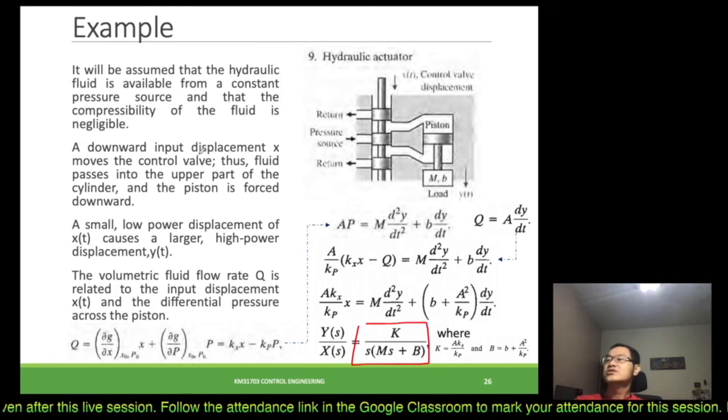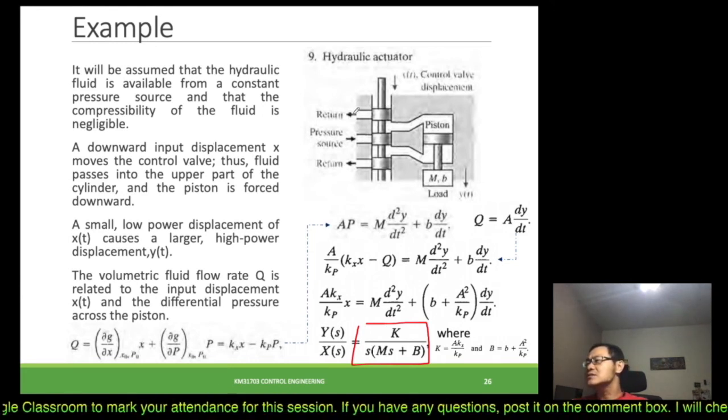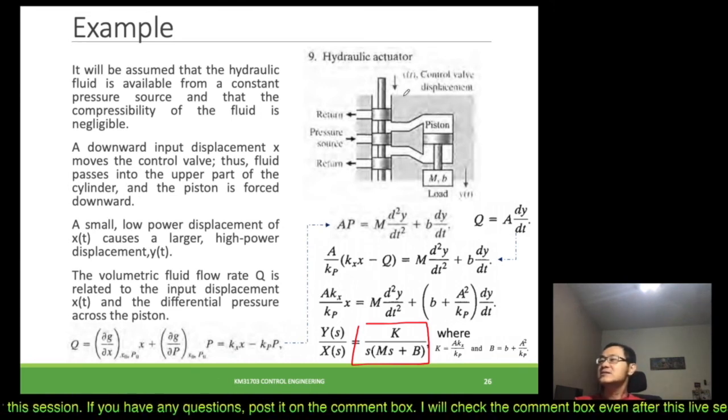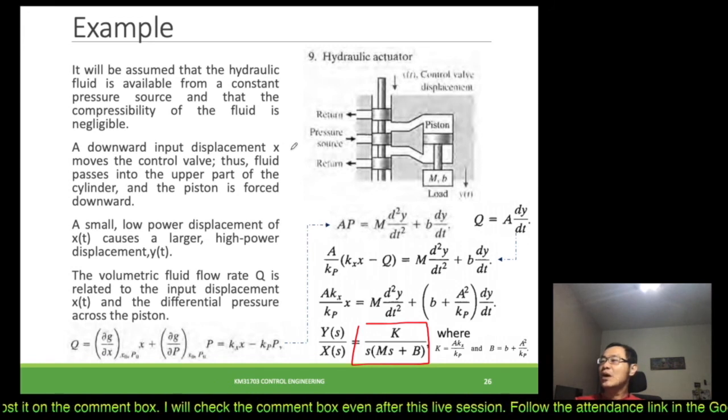A downwards input displacement x, where is x? Downwards, okay. X moves the control valve. Here is the control valve. This moves x.